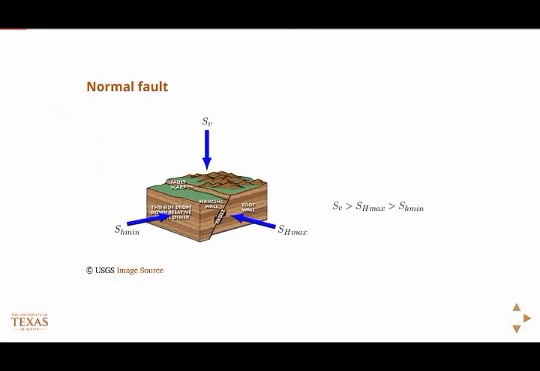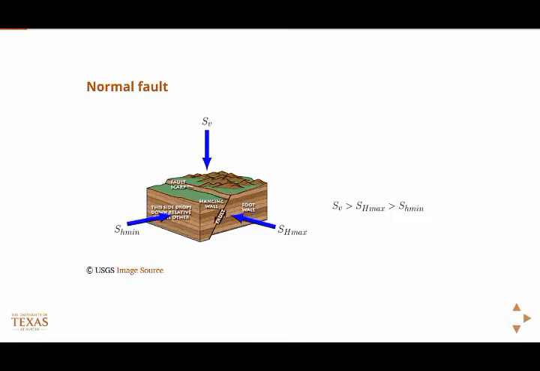So the first one we talked about is the normal fault. And you remember, I kind of gave you a hint as to how to characterize the normal fault. The motion of the hanging wall is normal to what? Gravity, right?